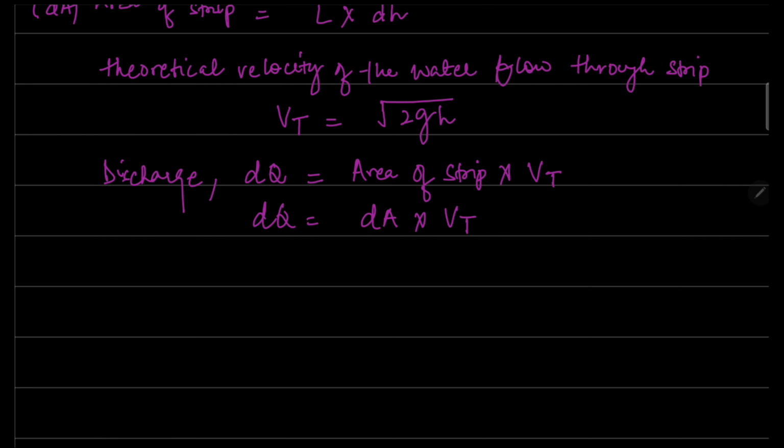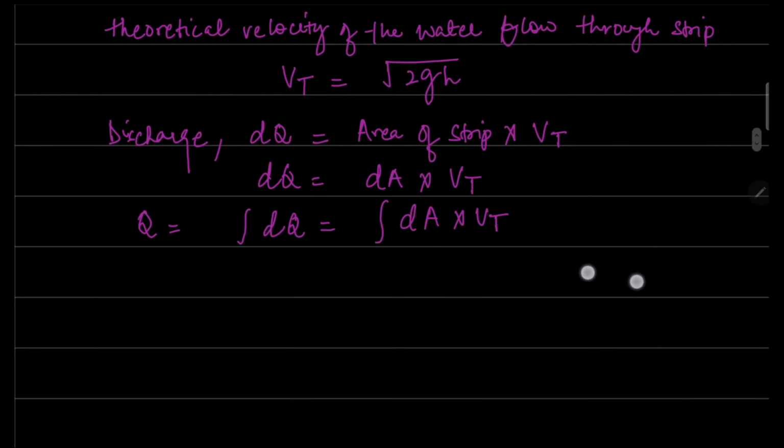Now in order to figure out the total discharge, we need to integrate this equation. So the total discharge, let's say q, will be the integration over this cross section of dA multiplied by Vt.